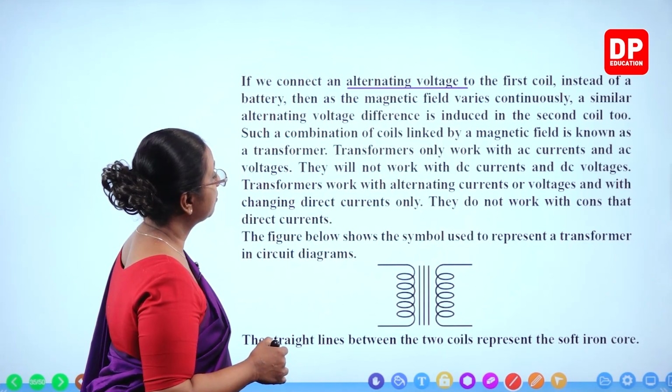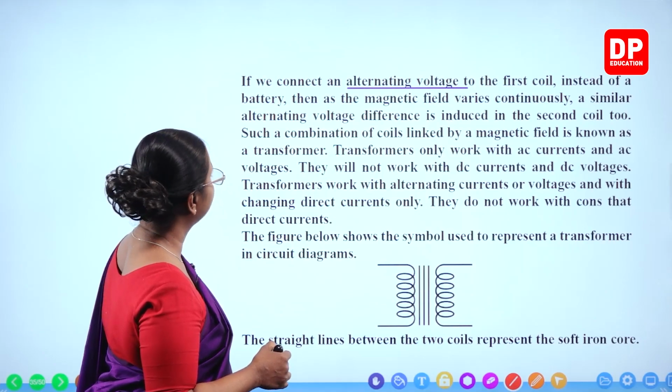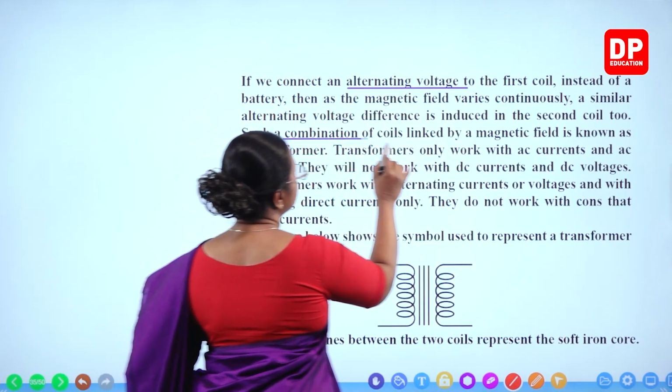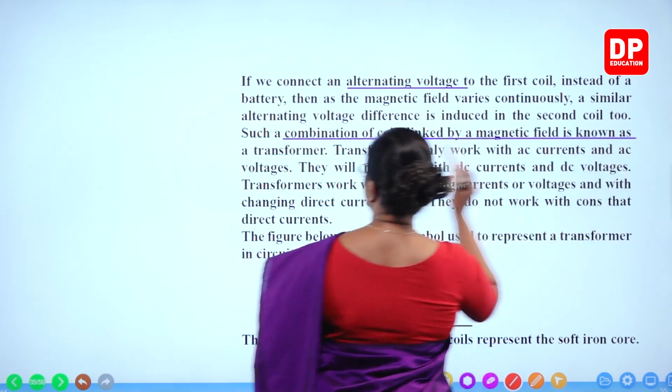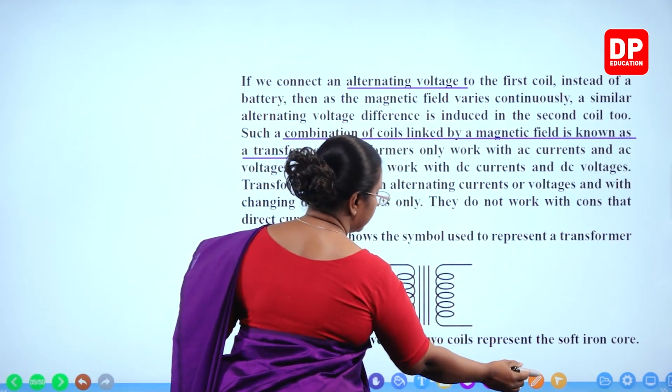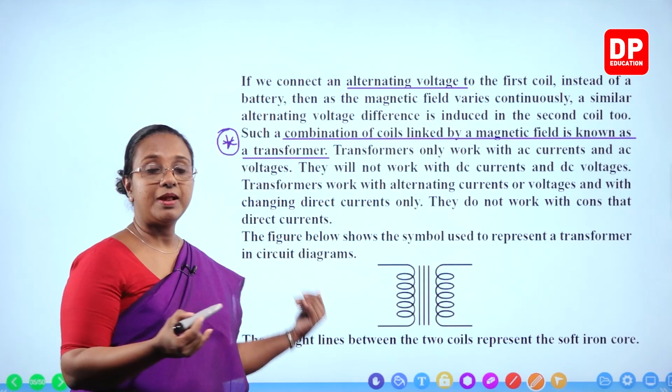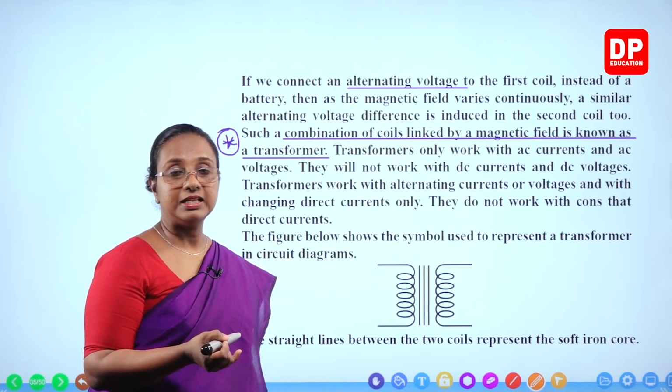Such a combination of coils linked by a magnetic field is known as a transformer. So you need to have two coils, the primary coil and a secondary coil.